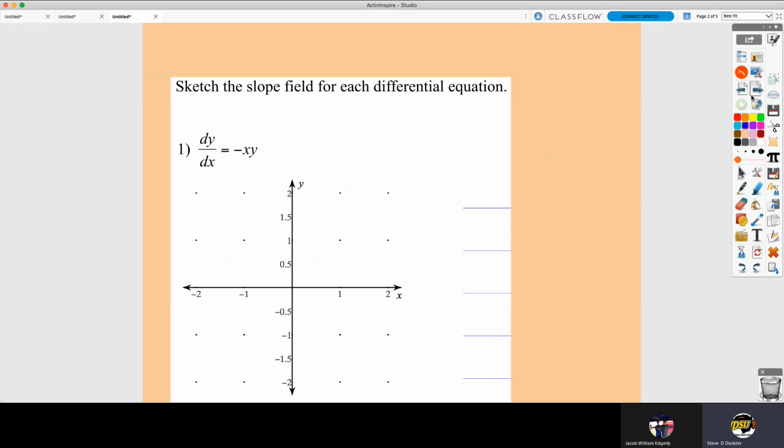This might make a little bit more sense how we're going to get to this one. Same sort of graph. We've got 25 different points that we're going to have to do this for, and we are given the equation dy over dx equals negative x times y.